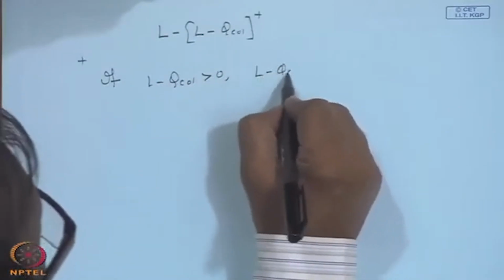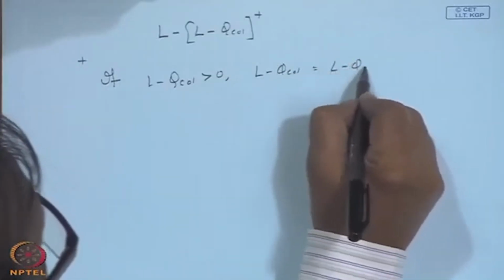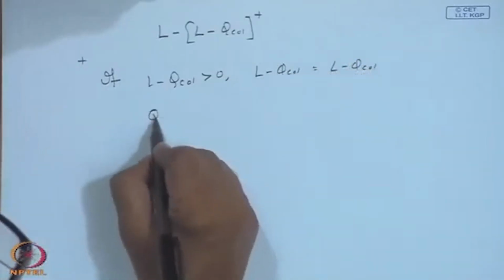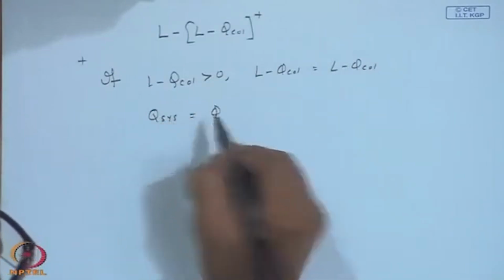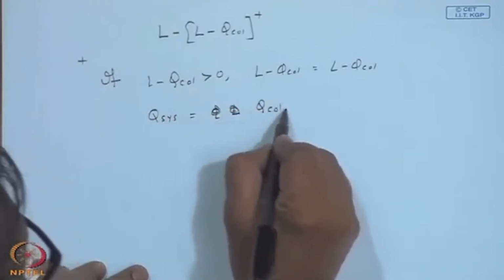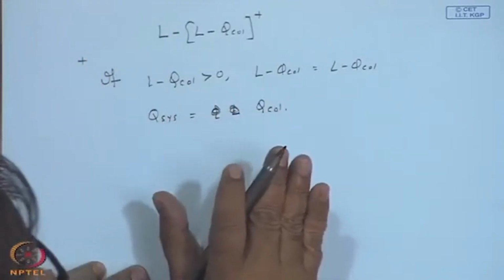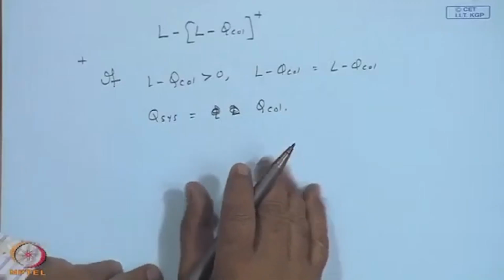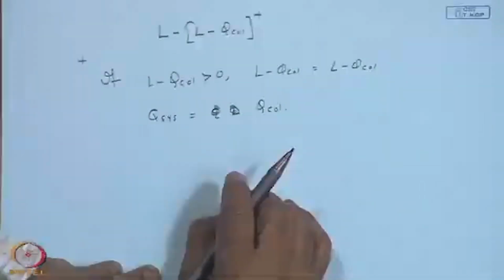So, Q system is equal to L minus Q col plus. I am not talking about the losses. The principle is only that the system will not accept excess energy, in the sense that you would not like to pay for what you do not want. If the collector supplies more energy, after going to the storage, still if there is an excess, for that the economic benefit cannot be assigned.